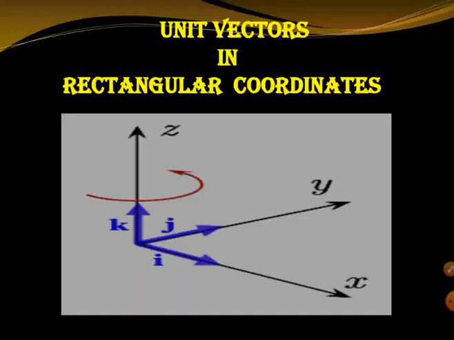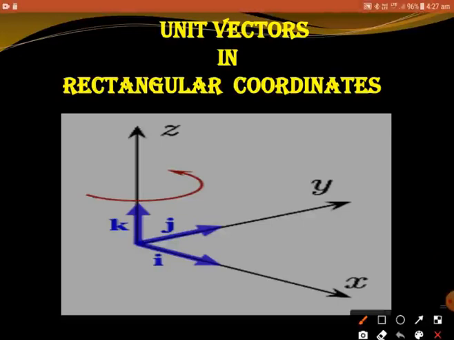So those unit vectors along the x-axis, y-axis and z-axis, we call them unit vectors in rectangular coordinates. Now why do we call them rectangular coordinates?